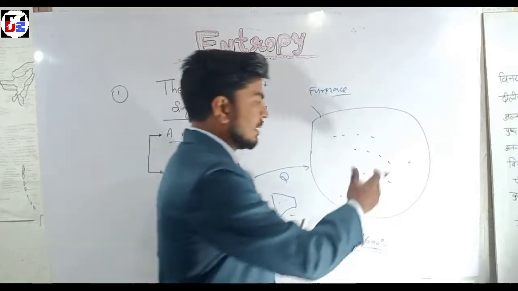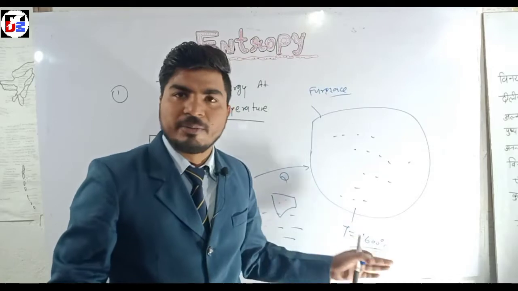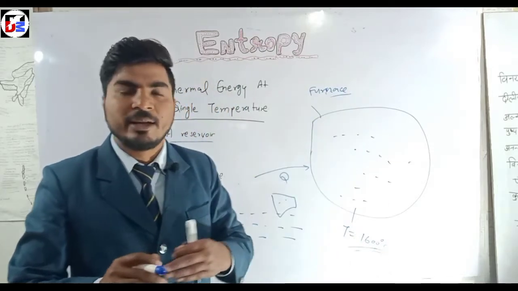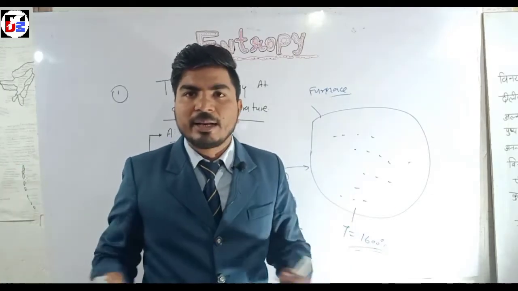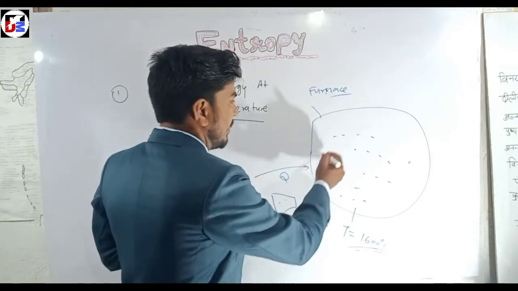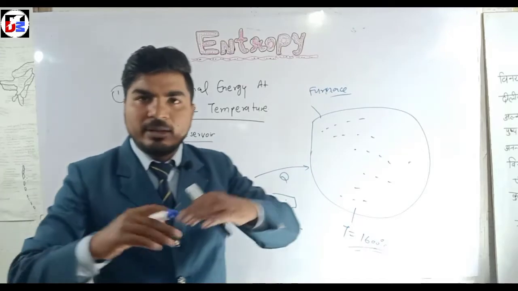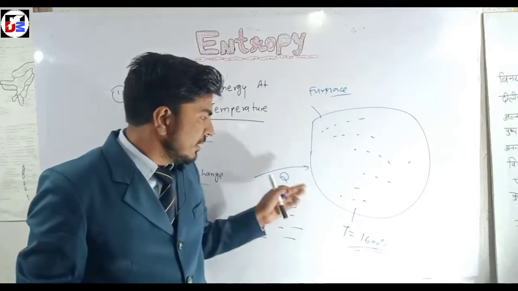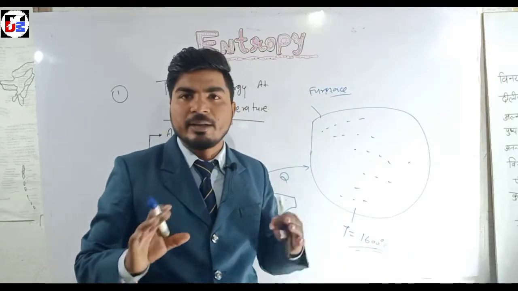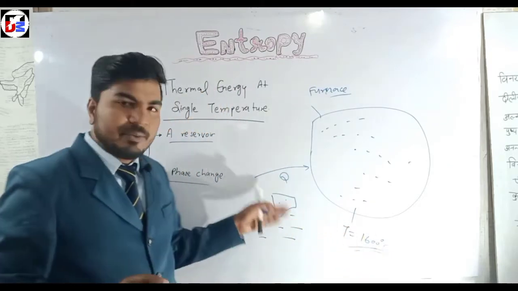If I reject heat, the temperature also does not change, because it contains a large, infinite mass. If I provide heat, it is distributed to all particles, all masses, and there is no change in the temperature of this reservoir.